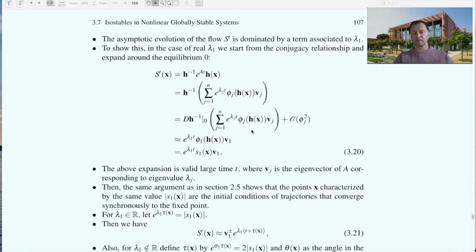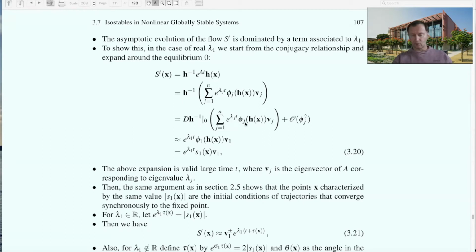And so the first term in the Taylor expansion in terms of phi_j's here is dh inverse at 0 applied to this same argument here. And then the remainder is of the order phi_j squared because we assumed analyticity in terms of phi_j here. So recall phi_j's, the eigenfunctions, are 0 at 0, provided lambda_j has a non-zero real part.